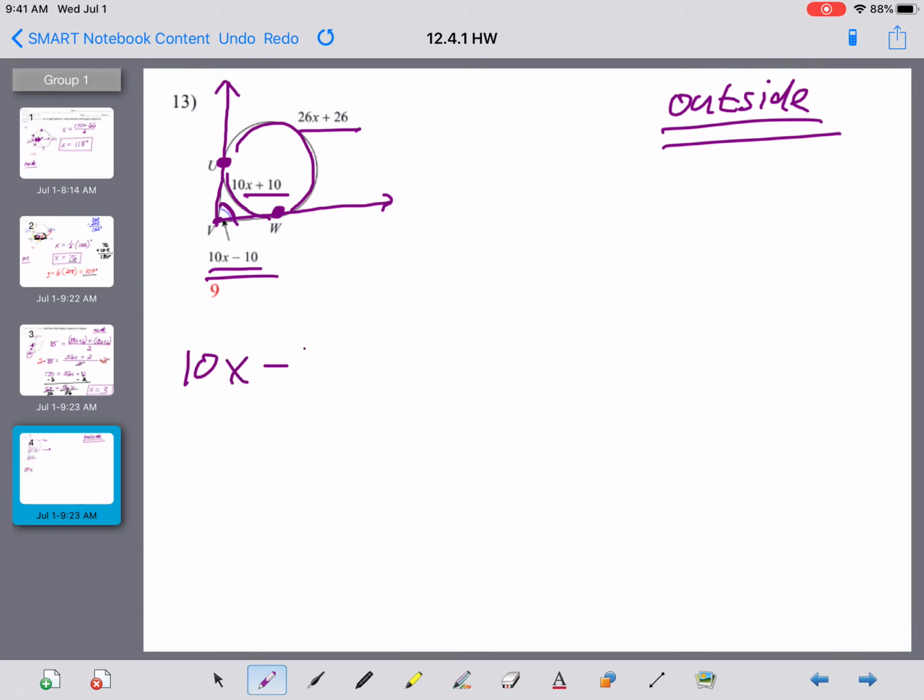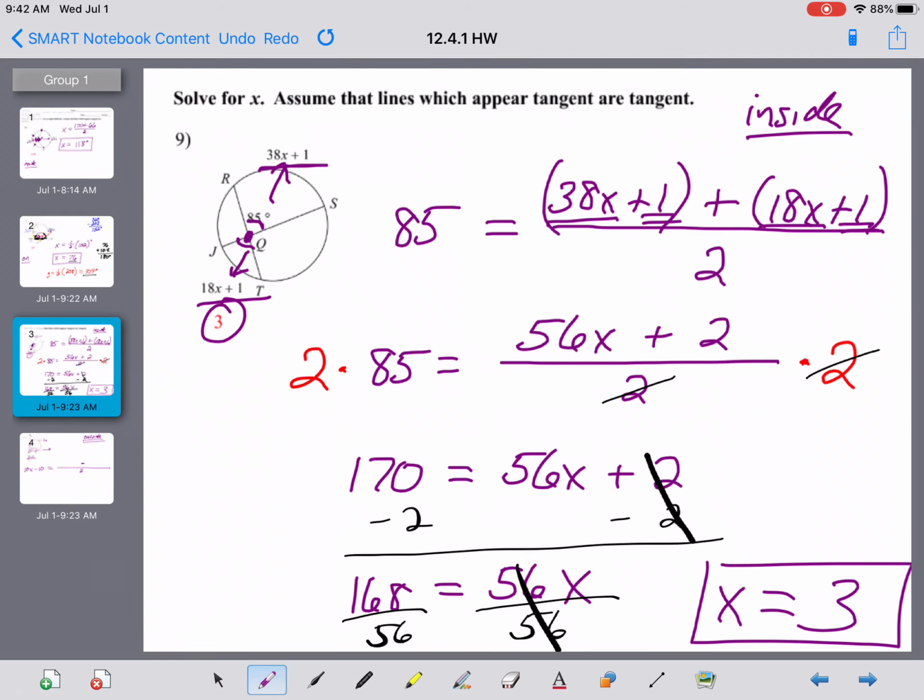So the measure of your angle formed is equal to, and this one now, instead of half of a sum, is going to be half of a difference. So we've got to put a minus there and not a plus. Now, you noticed here on the last problem, when I went to do half of a sum, I put parentheses here and here.